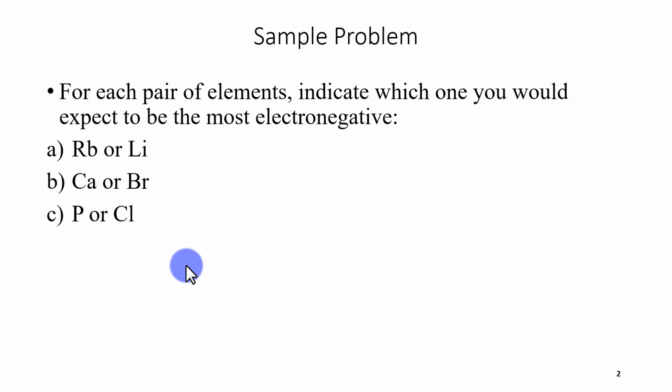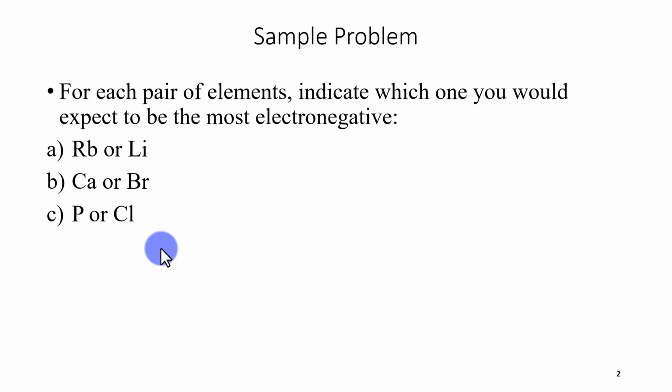You can use the electronegativity value table as well, but it's not imperative because these will be given to you sufficiently different enough so that you should be able to determine it just from the general trend and not necessarily from individual values. But if you want to be more precise in your answer, you can use electronegativity values for each of these. But I am just going to use the periodic table.